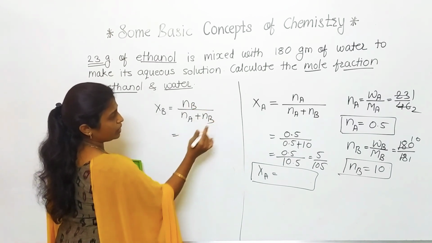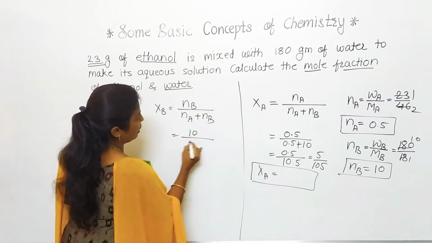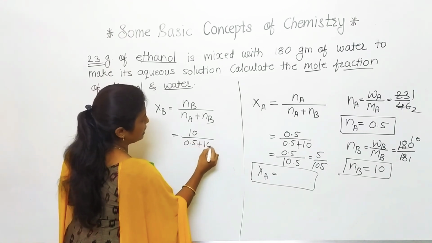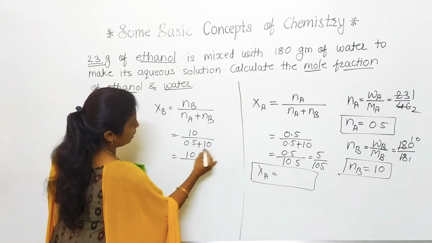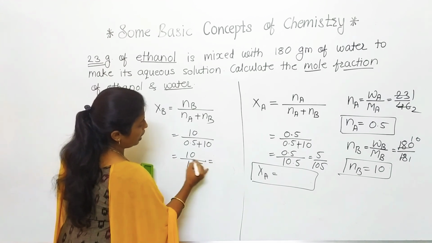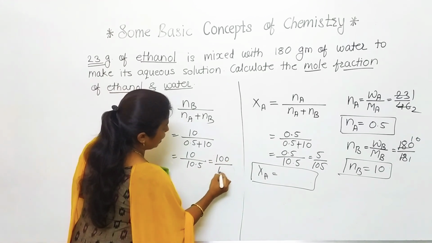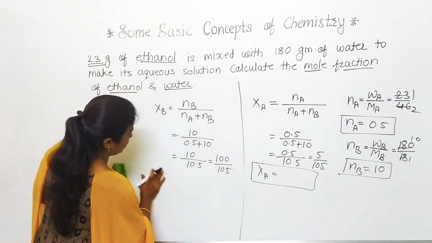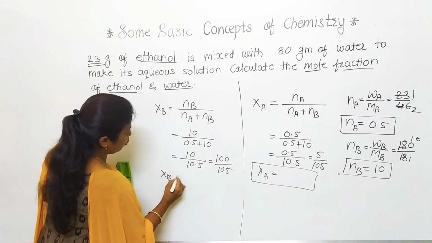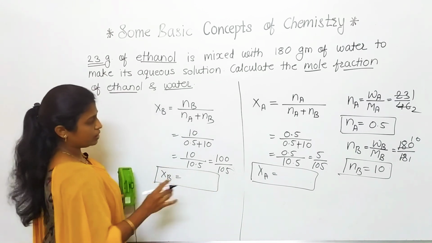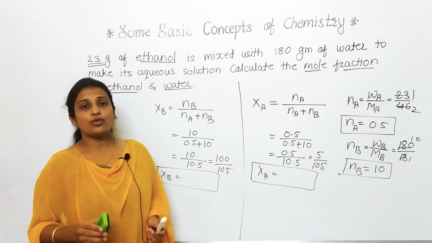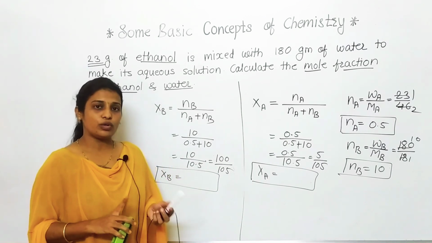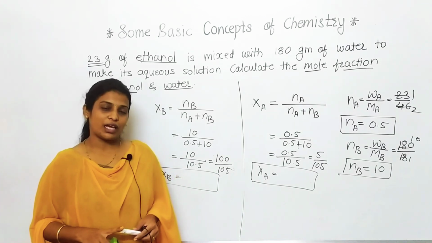Here Nb is 10, so 10 divided by 0.5 plus 10, that is 10 divided by 10.5. After this calculation, you will get the mole fraction of the solvent. In this way, we have completed how to find the mole fraction of solute as well as solvent. Thank you all.